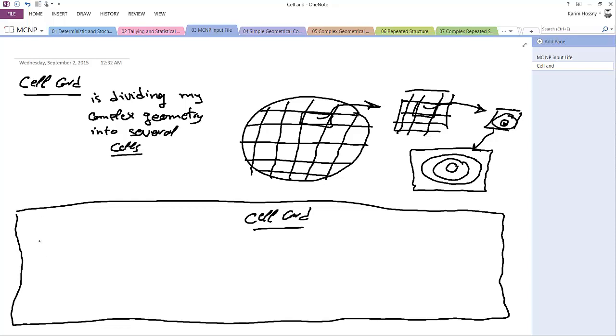What does a cell card consist of? First, we have the cell number, and we have the material number, and we have the density of this material. Then we have the position relative to the surface card.